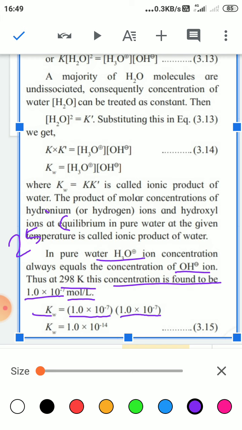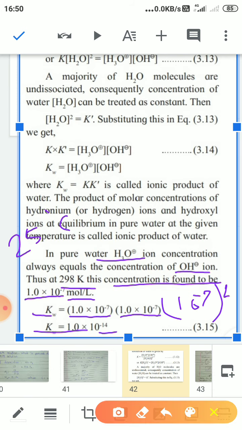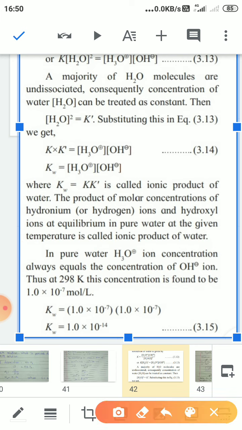to power minus 7. Now 10 to power minus 7 into 10 to power minus 7 means 10 to power minus 7 bracket square, or we can say 7 into 2 is 14, and as the 7 has a minus sign, therefore Kw is equal to 1.0 into 10 to power minus 14, or we can simply consider 10 to power minus 7 and 10 to power minus 7, it becomes 10 to power minus 14.